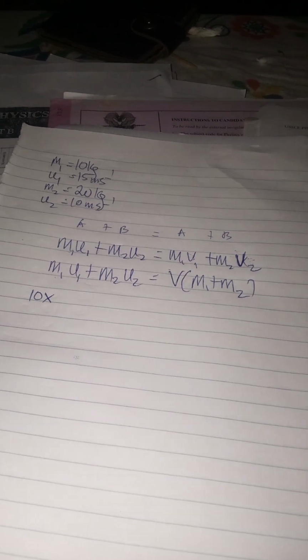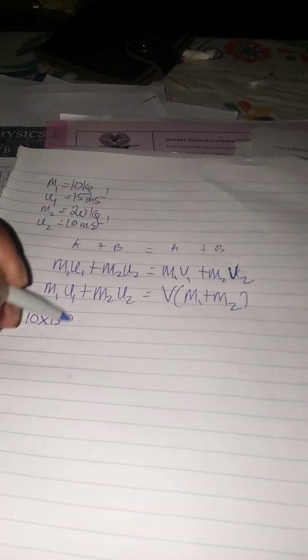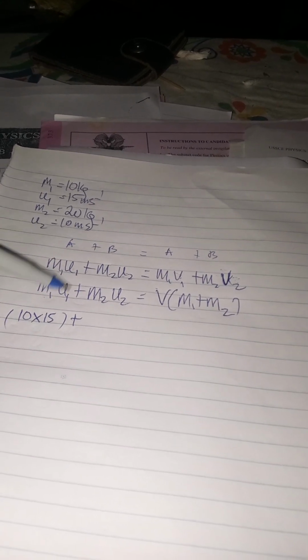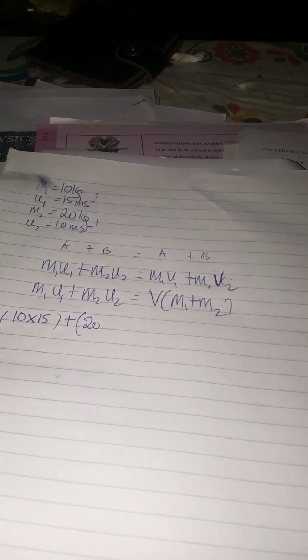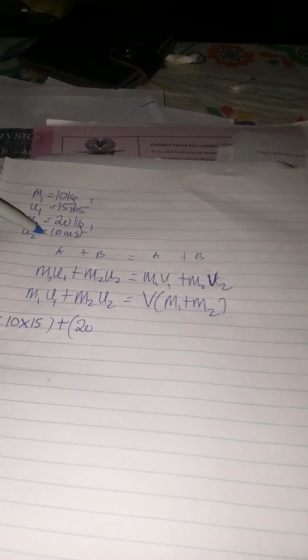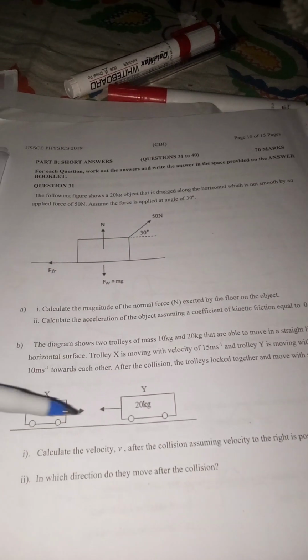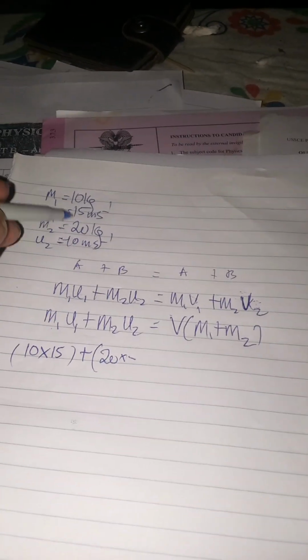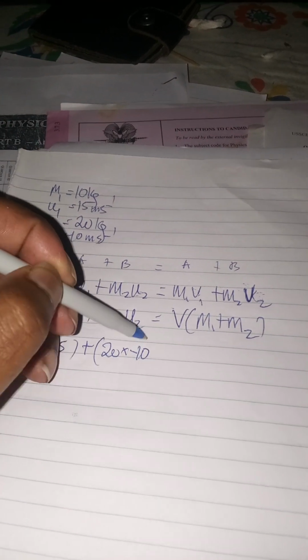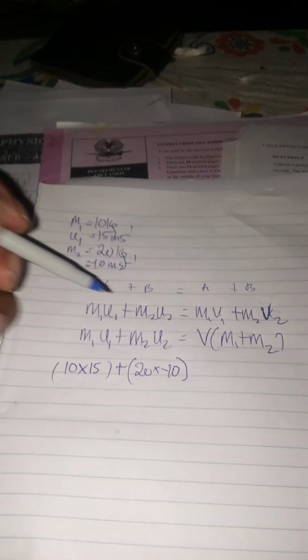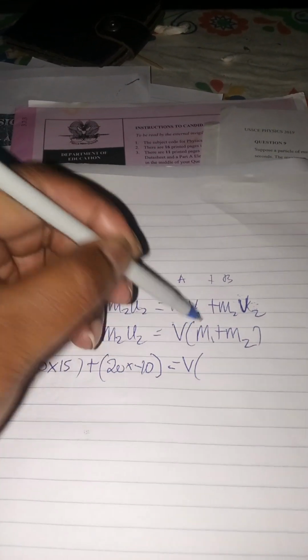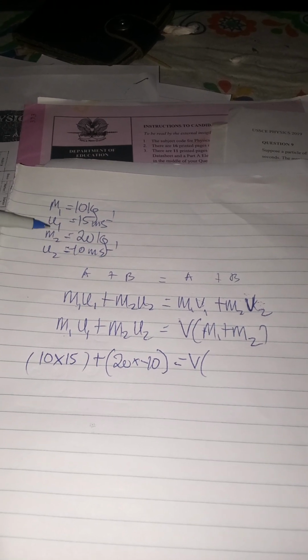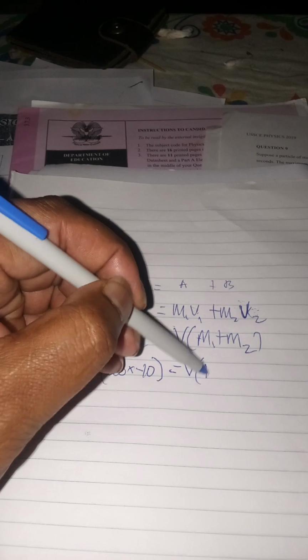M1 is 10, U1 is 15, plus M2 is 20, and U2 is 10, but it is going to be negative because it is moving towards the left, so it's times negative 10, which equals V times M1 plus M2, which is 10 plus 20.